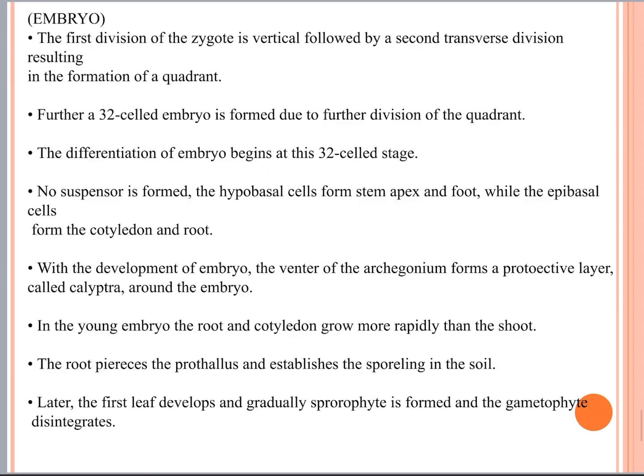When the antherozoid and the egg fertilize, a zygote is formed. The zygote is a diploid structure. The first division of the zygote is vertical.